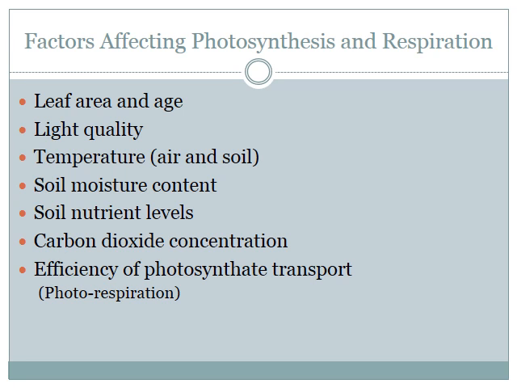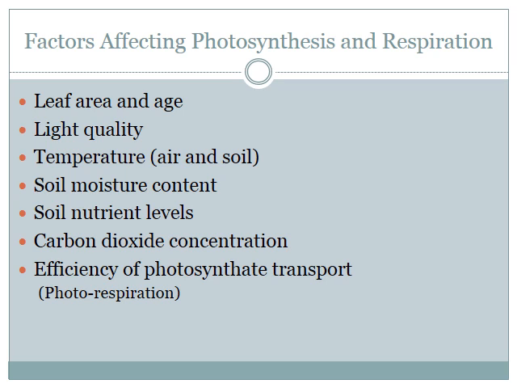And here's some things to keep track of. The more leaf area a plant has would affect how much it both respires and photosynthesizes, how old the plant is, the quality of light, so the environmental characteristics like light, temperature. Soil moisture is important because that's a resource for growth, soil nutrients.